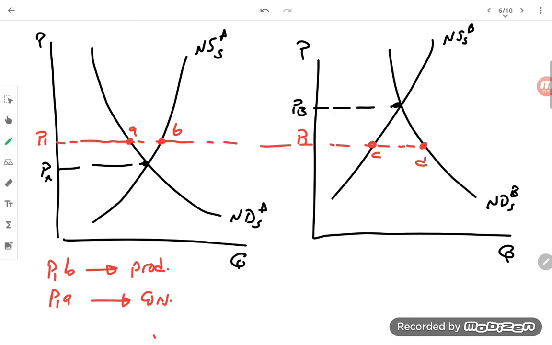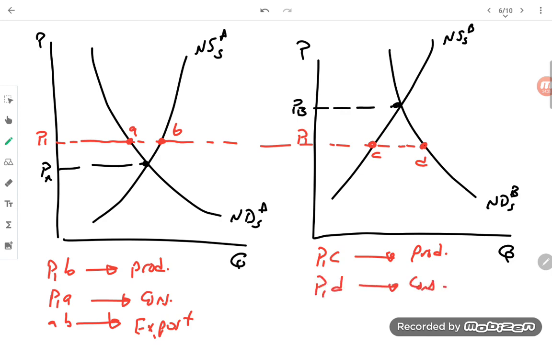So AB is the excess supply, or export, of country A. As we said, there is no complete specialization, so country B will produce B1C of soybeans and consume B1D of soybeans.